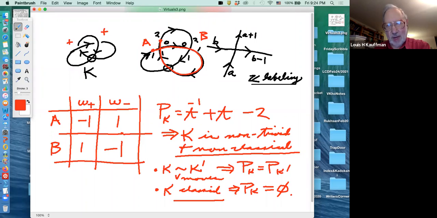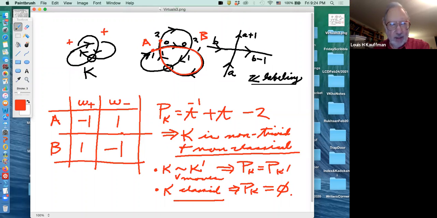Whatever goes up must come down, and there aren't any virtual crossings intervening, and you'll get 0 weights for everybody. And so once we get non-zero polynomials, we know that we have non-trivial knots. So this is a nice way to prove that some knots are indeed non-trivial and non-classical. There is no way to get rid of the virtual crossing. The genus is definitely greater than 0.